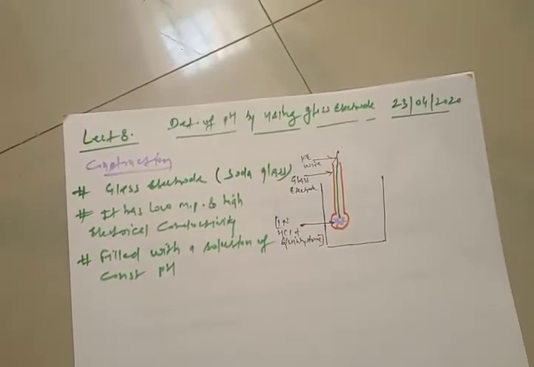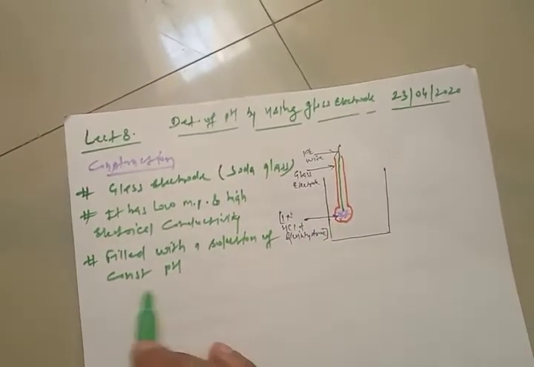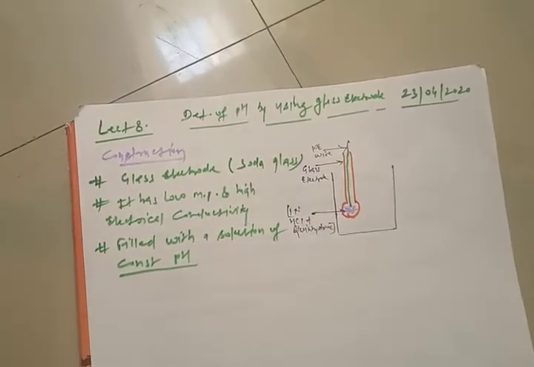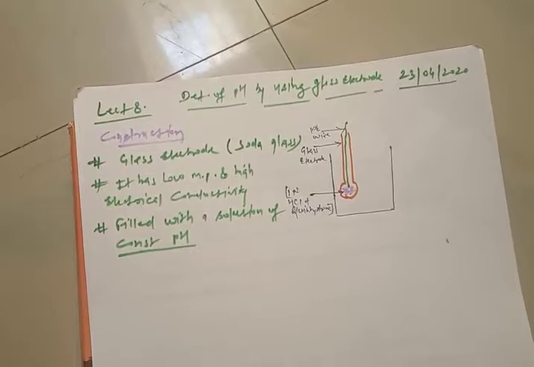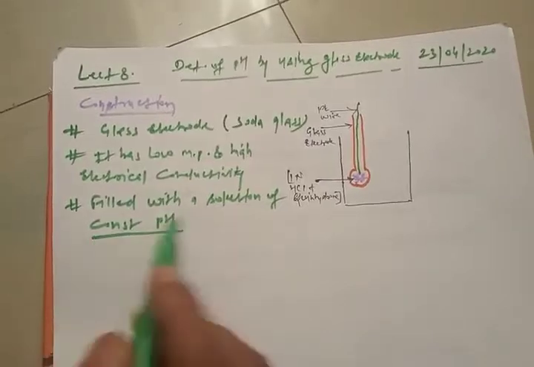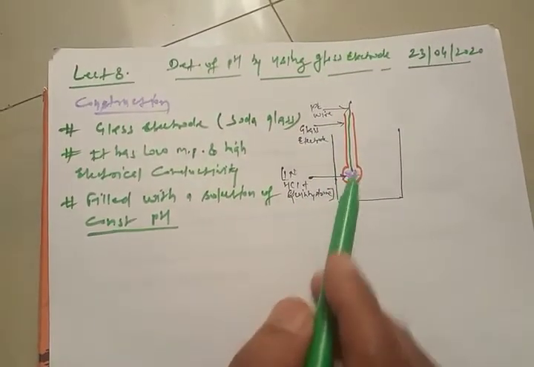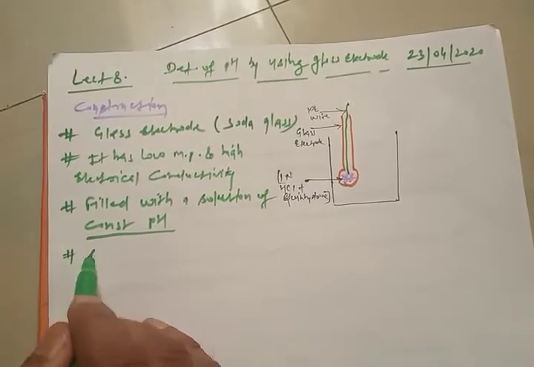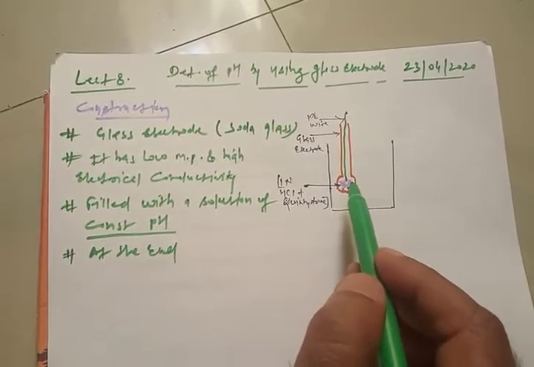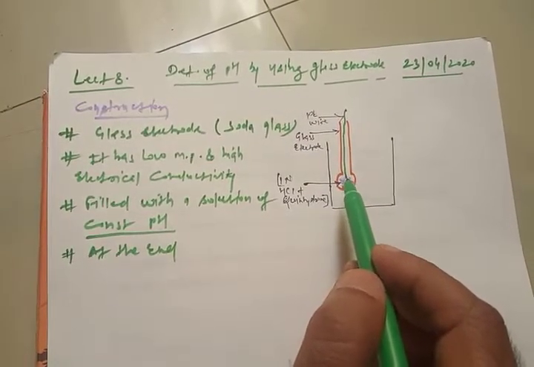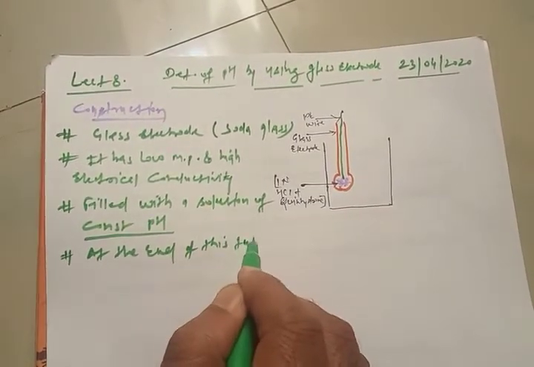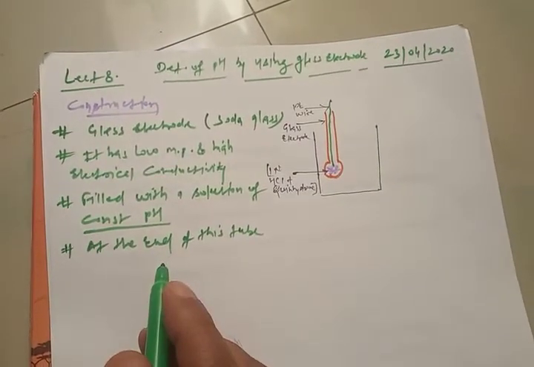Now moving ahead. It is filled with a solution of constant pH. Point to be noted, this is very important: the pH of this solution is constant. Then at the end of this tube, this circle you are looking at is a glass bulb.